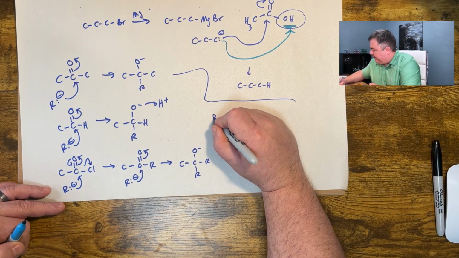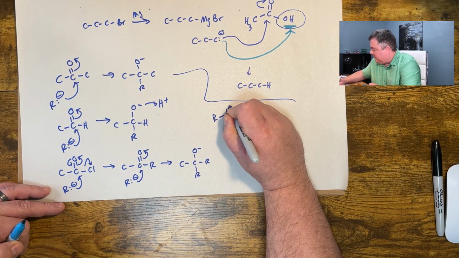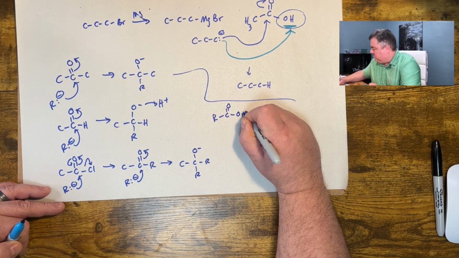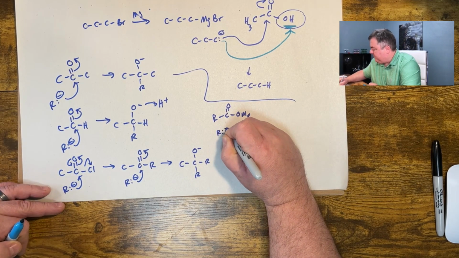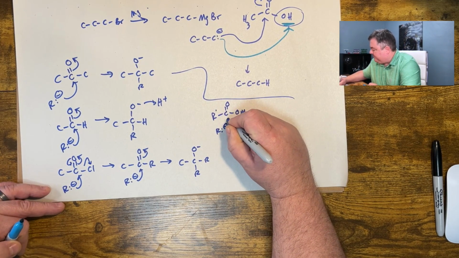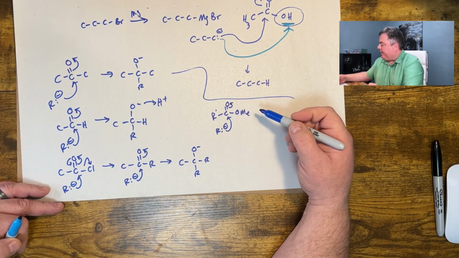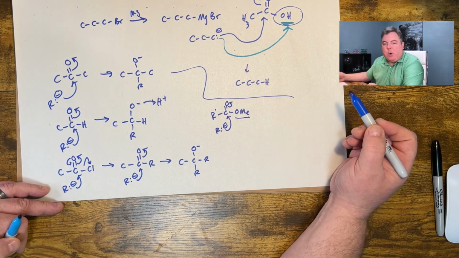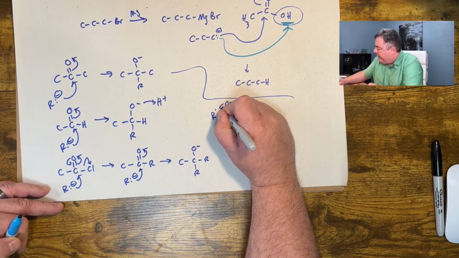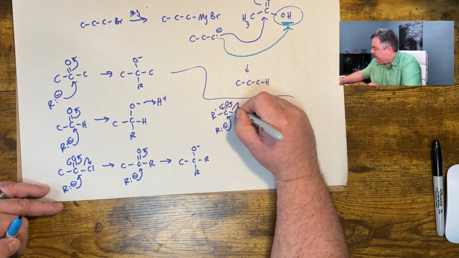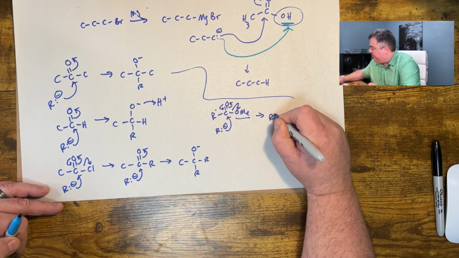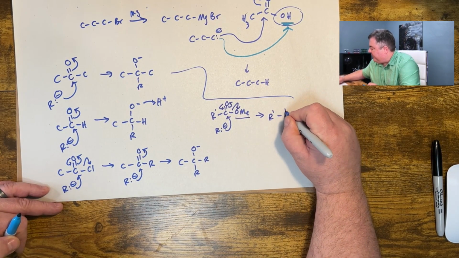If you have an ester, backside attack, electrons go up. Can they come back down? OMe is a pretty good leaving group. O whatever is a pretty good leaving group. They come back down, kick that off. So R prime, whatever that is.